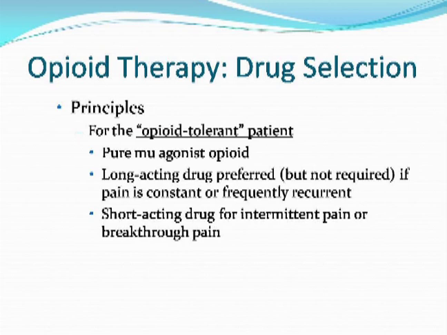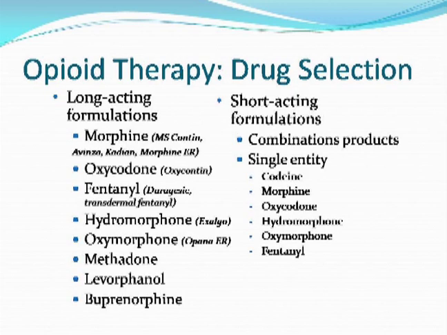But this is the typical approach, and if you guys just got familiar with 3 or 4 of the long-acting formulations, you would do fine. Of course, if you got familiar with all of these formulations, you'd be able to give this talk to a group of trainees in the future.